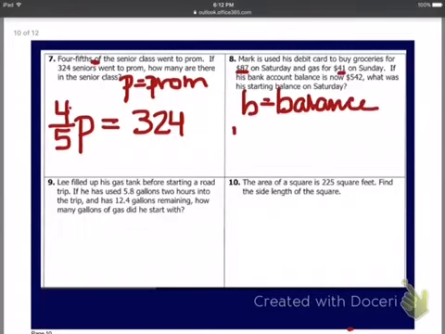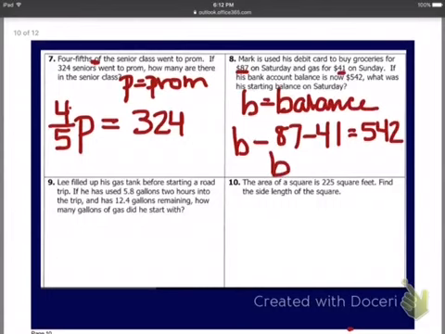So his starting balance on Saturday, and then we subtracted $87, and then we subtracted $41, and he now has $542. Remember though, guys, we combine our like terms. So instead of having two constants here, we will have B minus 128, because 87 plus 41 is 128, and that is equal to 542.